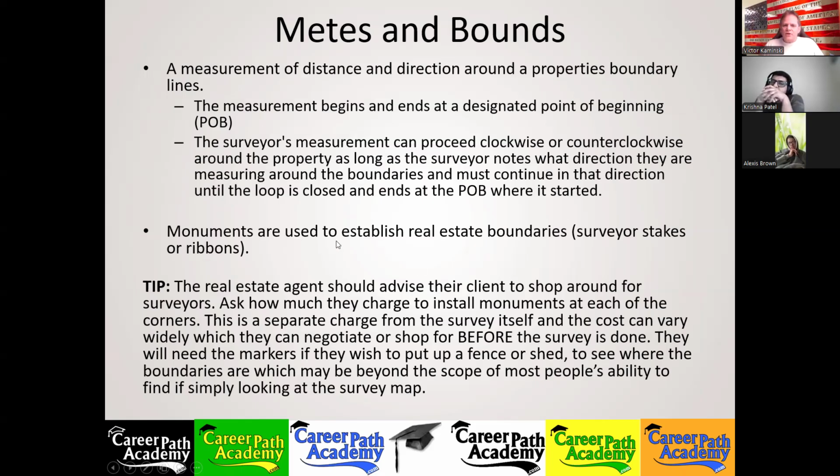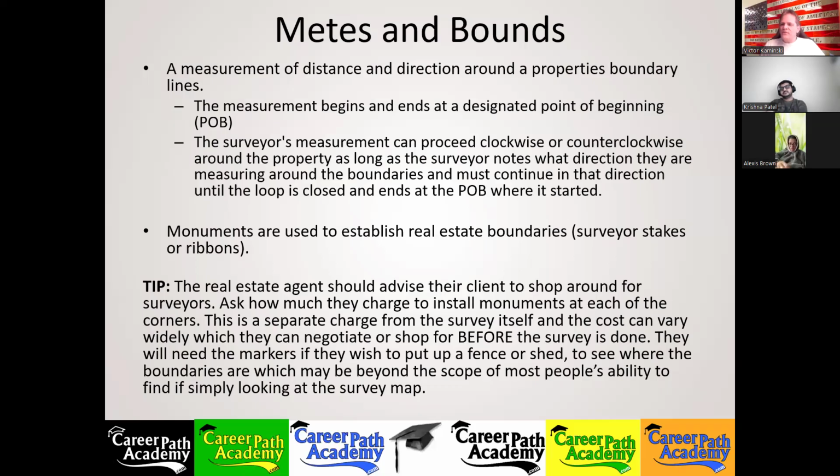The monuments are used to establish real estate boundaries. So the surveyor uses stakes or ribbons that they bang into the ground at each of the corners of the property. So we, as real estate agents, should always advise buyers to pay the extra fee to the surveyor and ask, well, first of all, ask the surveyor how much they charge for it and pay the extra fee for them to put those stakes in the ground at each of the corners.